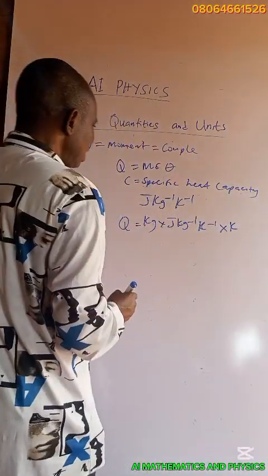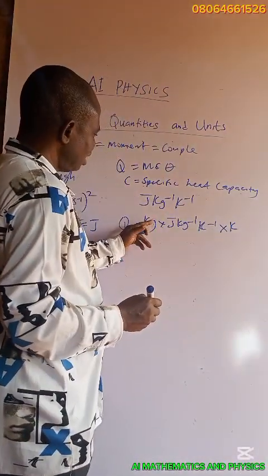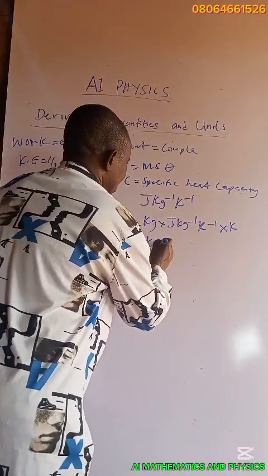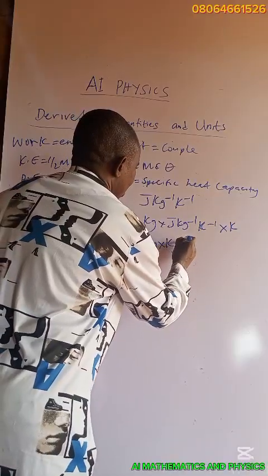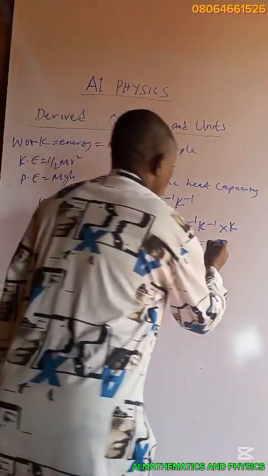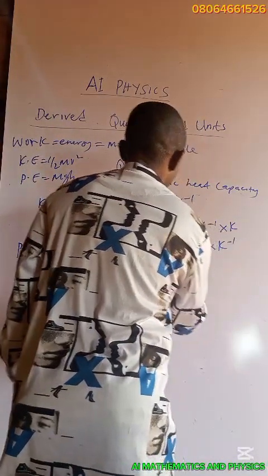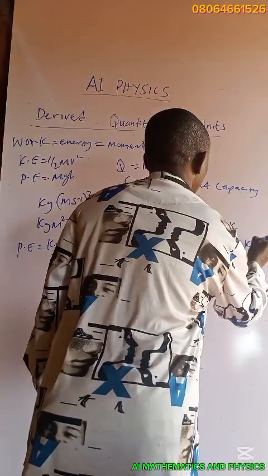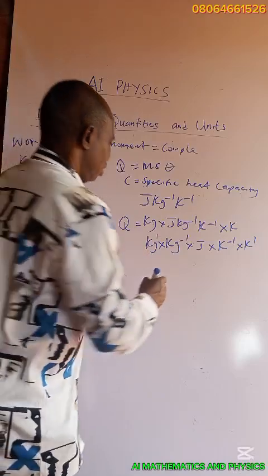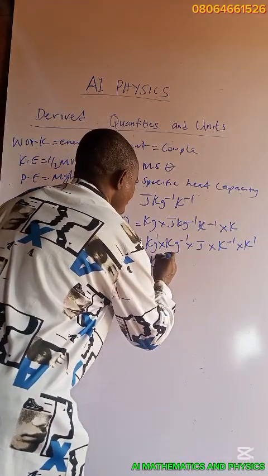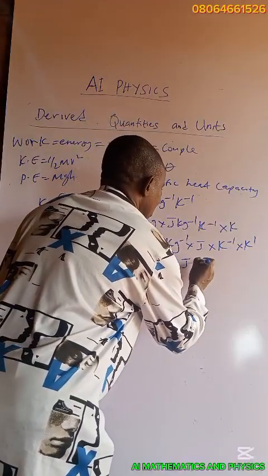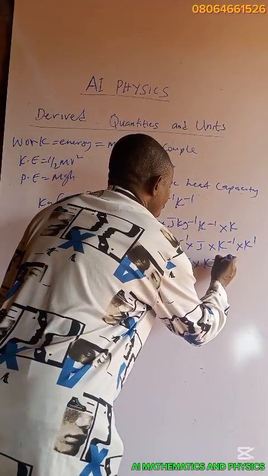You can see that by the law of indices, because they have the same base, kilogram, that's kilogram raised to 1 minus 1 times joule times Kelvin raised to minus 1 plus 1.